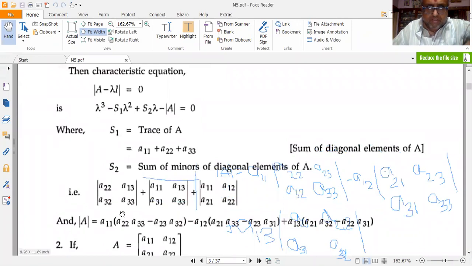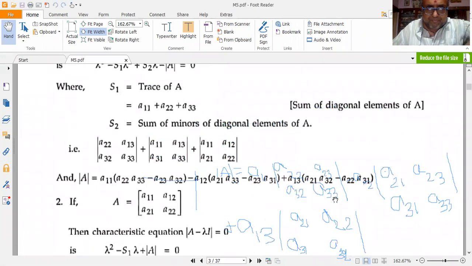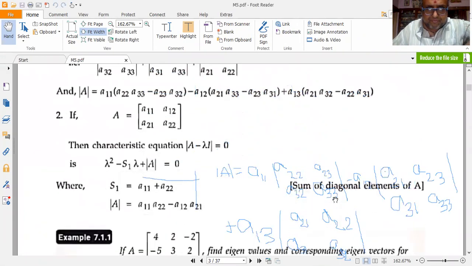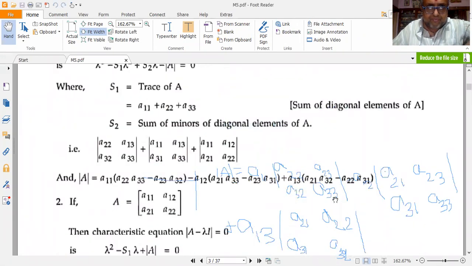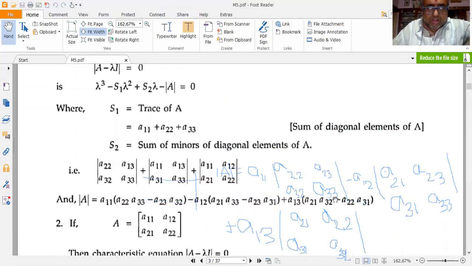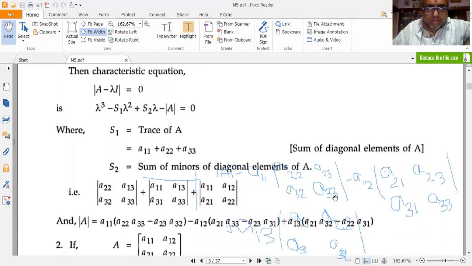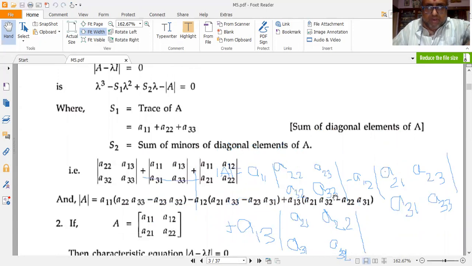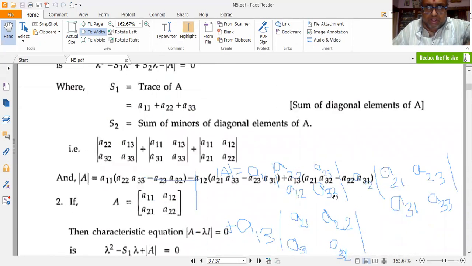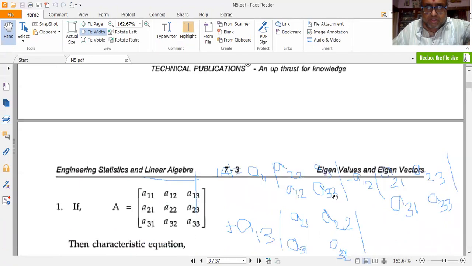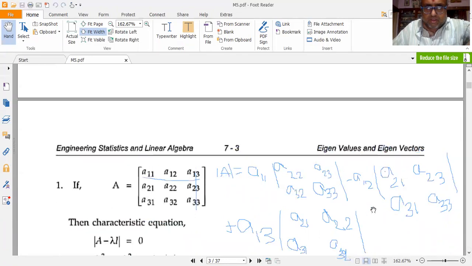So this is what we have written here. Now I want to write the determinant of A. Due to lack of space, I shall write it above.